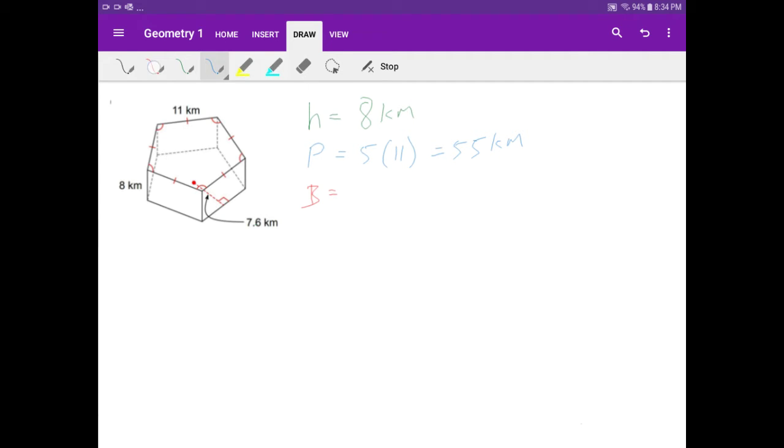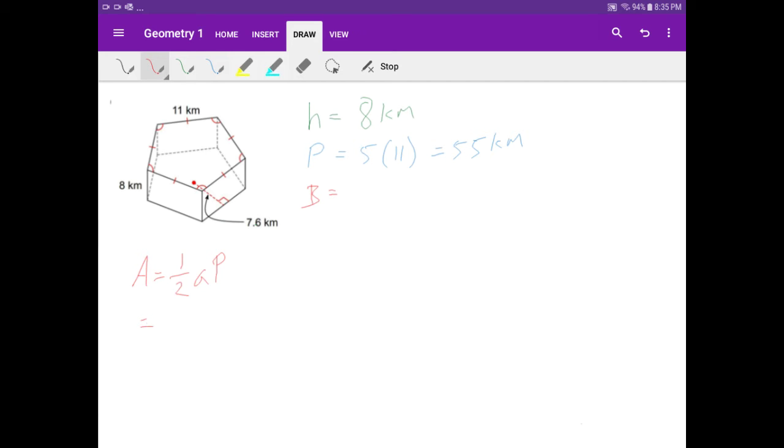And then the area of the base, your formula for area of the base is 1/2 times the apothem times perimeter. You know what, let's do this somewhere else. So in order to find the area of the base, it's 1/2 apothem times perimeter.